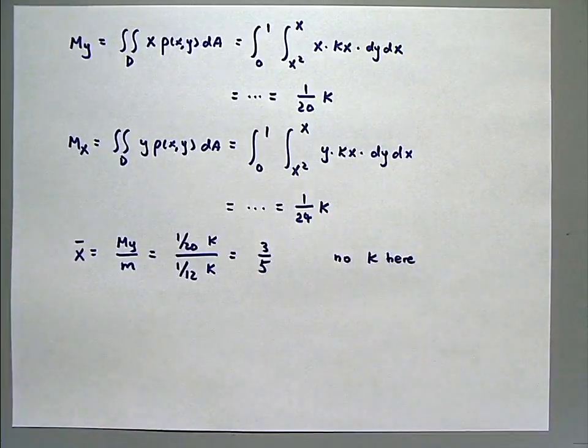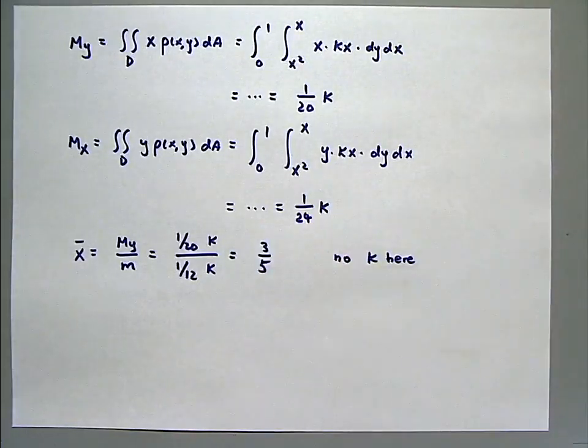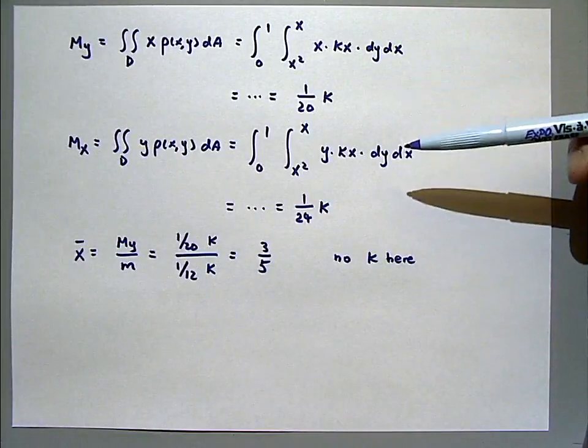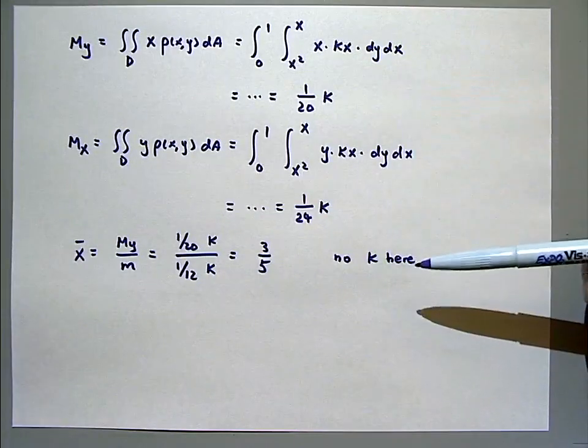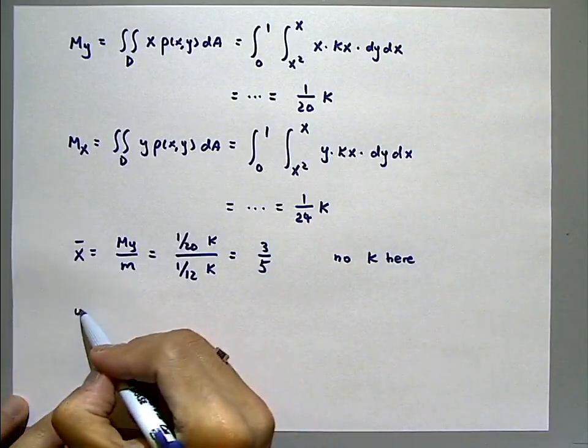Because the centroid is more of a shape property. Exactly what k is, it gets factored out. It depends more on the shape of the object, how it's spread out around the center of the mass. So it's not really dependent on k. Even though the mass and the moments depend on k, the centroid itself, again, it being a shape property, doesn't depend on k.